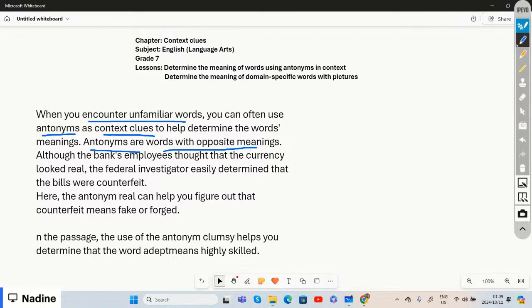And then we said that an example is: although the bank's employees thought that the currency looked real, the federal investigator easily determined that the bills were counterfeit.